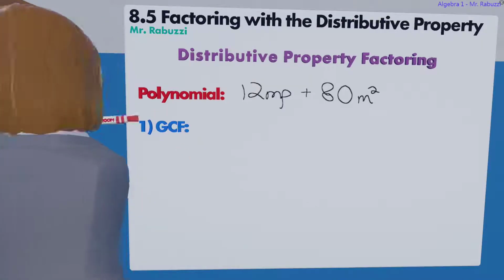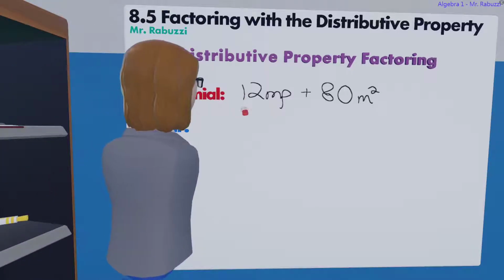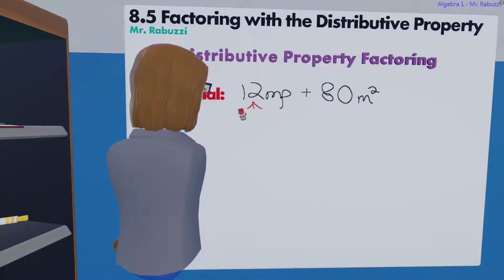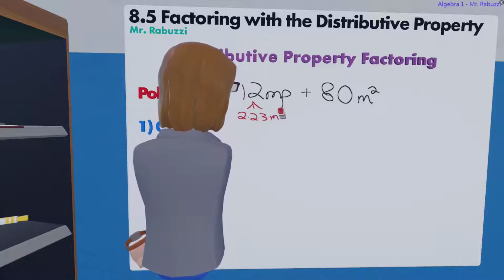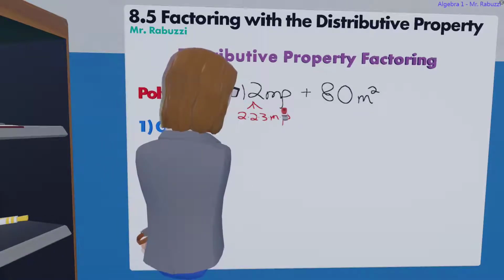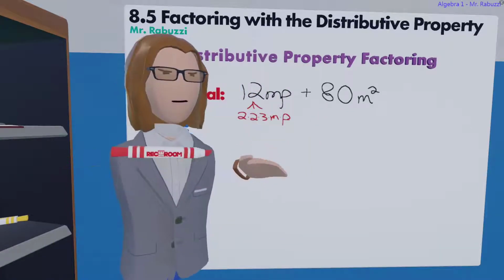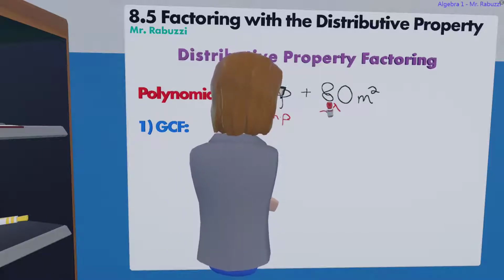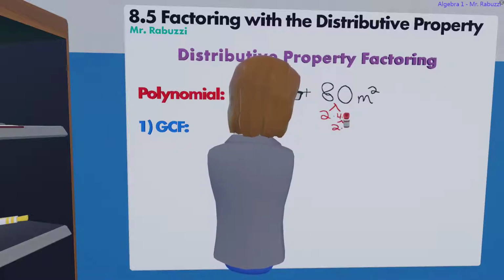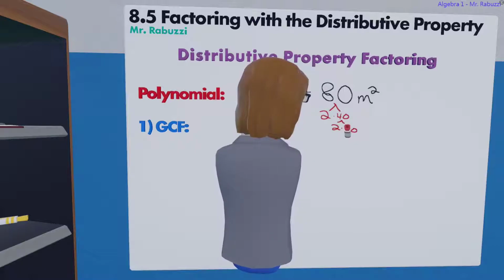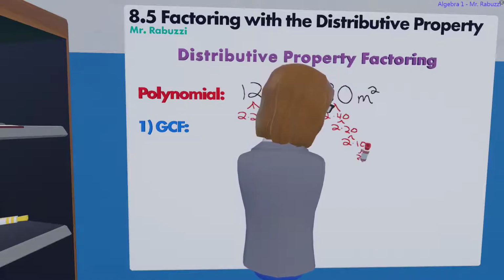So I'm going to factor in red. If I want to factor this 12, it's 2 times 2 times 3 times m times p. Now if I want to factor 80, you might have to do your factor tree. Split it into 2 times 40, split the 40 into 2 times 20, split the 20 into 2 times 10, split the 10 into 2 times 5.